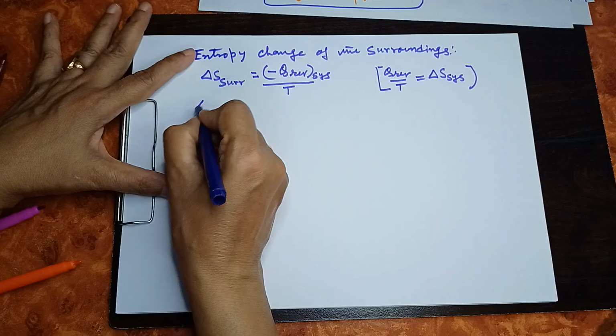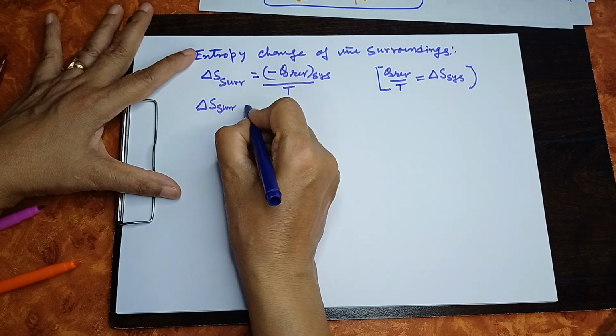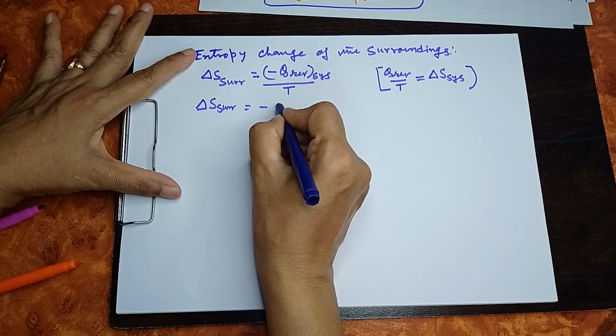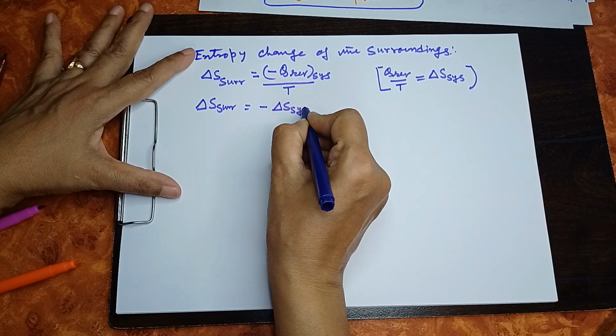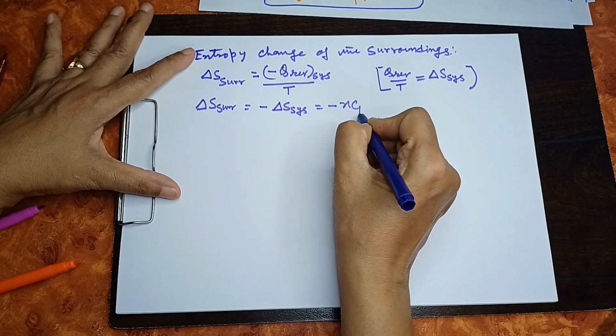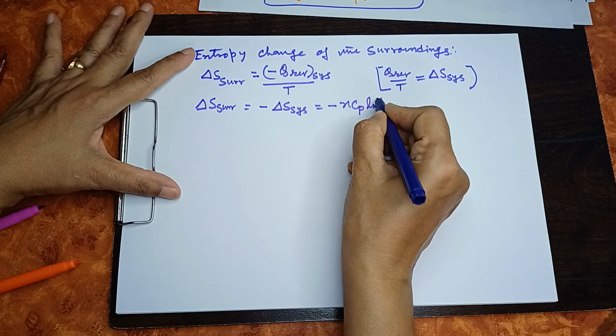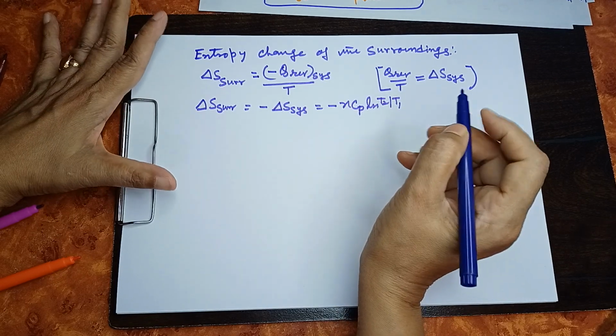So delta S surroundings will be equal to minus delta S system. So it is minus nCp ln T2 by T1, right?